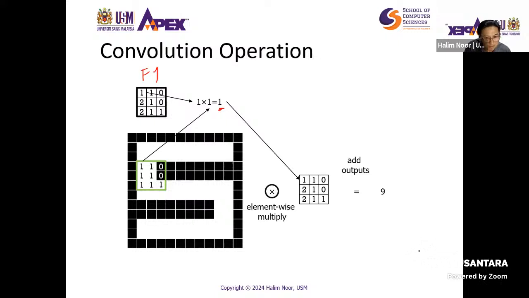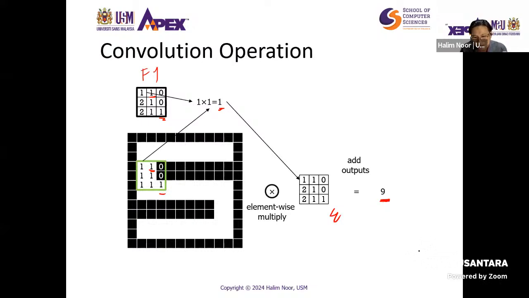And then 1 times 1, the second element in the region, 1 times 1 again, and then 0 times 0, 1 times 2, 1 times 1, 0 times 0, until 1 times 1. And then we sum them all and we get an output. So this output indicates whether the feature is there or not.